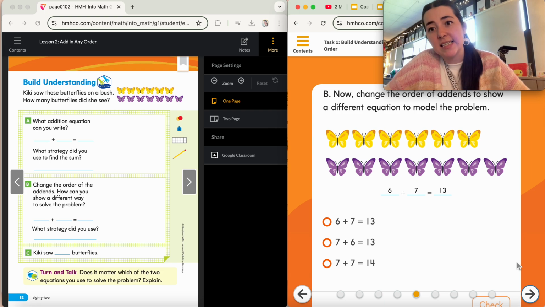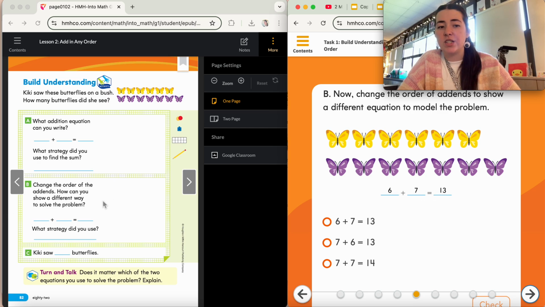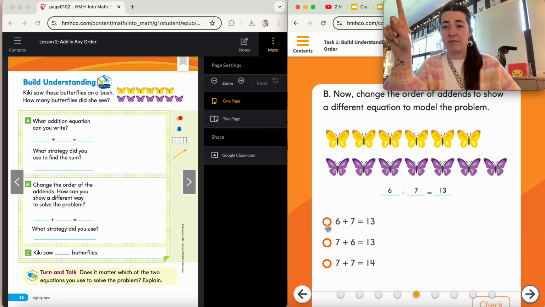We're still going to get to the same spot, but we're just changing our place in line. So instead of it being 6 plus 7 equals 13, what's going to be our answer that we write in this equation right here? Is it going to be 6 plus 7 equals 13? Number 1. Number 2, 7 plus 6 equals 13. Or number 3, 7 plus 7 equals 14.